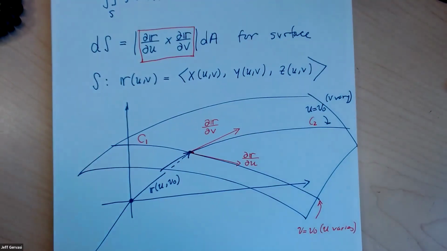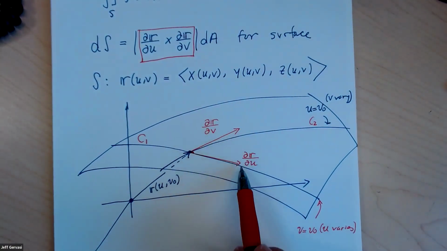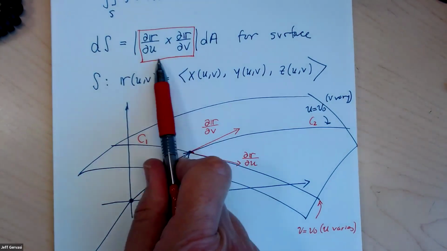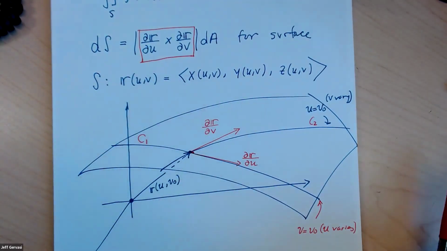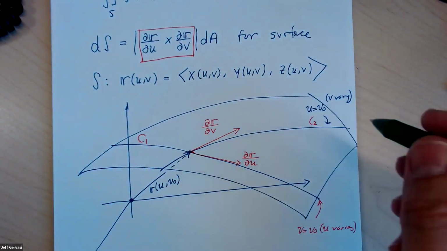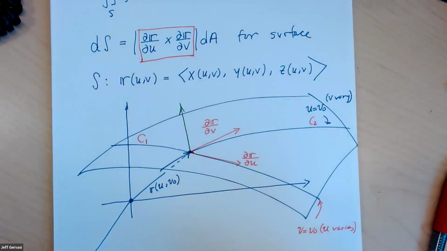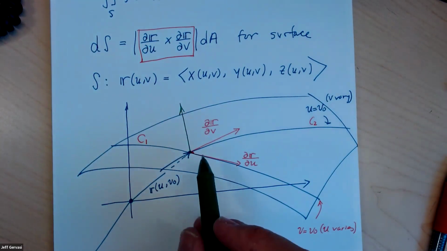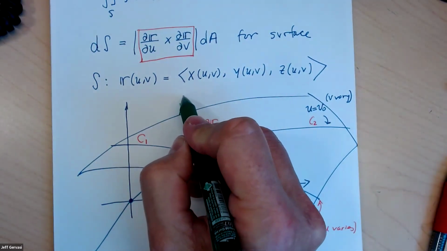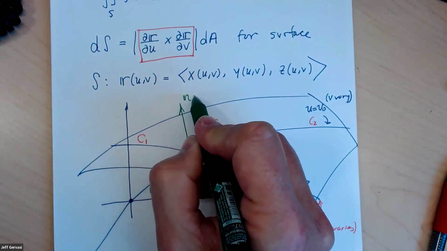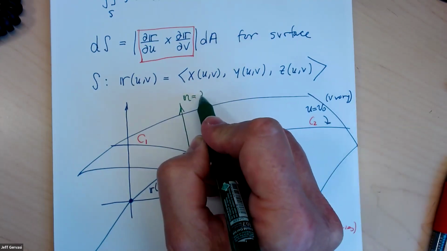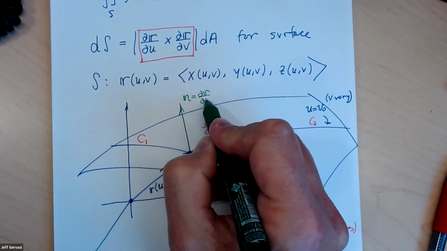If I cross these two vectors together, which is exactly what you have in the rectangle right here, you're going to get a third vector. Let's make that green. That vector is going to be a normal vector to the surface. First, let me write that down, and then I'll tell you why.